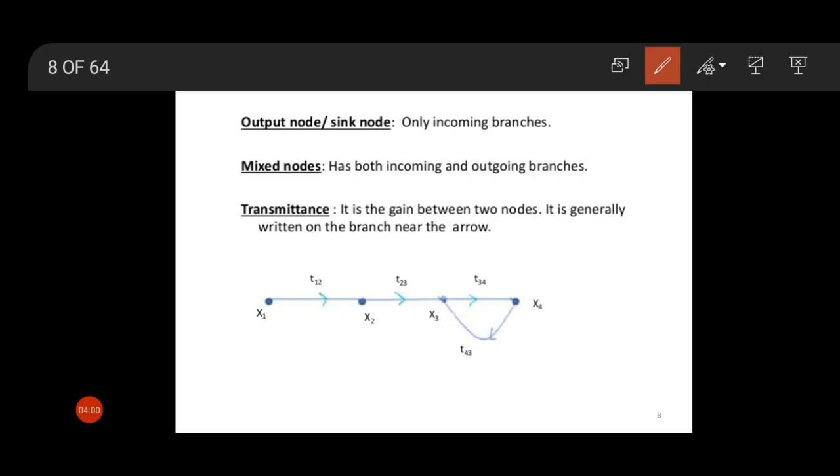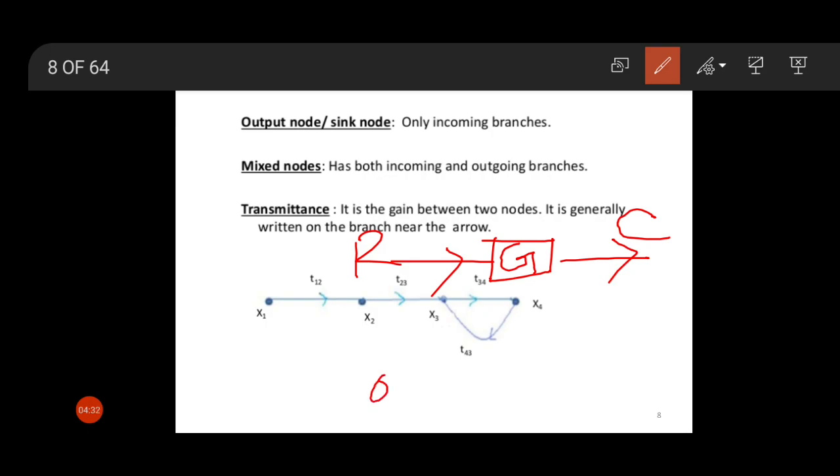See, if we have a block diagram where this is our input signal R, this is our output signal C and the gain of the block is G, then the signal flow graph of this block diagram has 2 nodes, an input node R and an output node C. The nodes are connected by a line, and this line is called a branch.